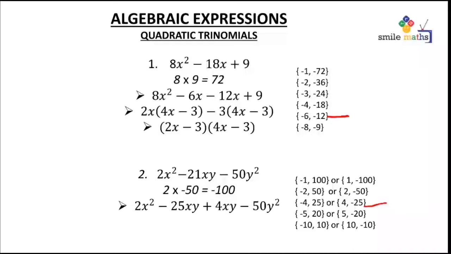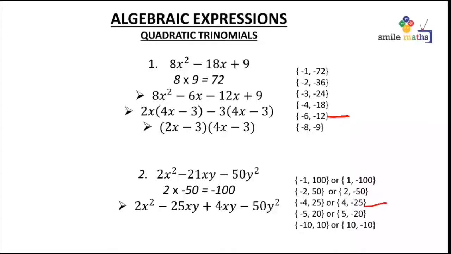So we are going to use 2x squared, then our factors negative 25xy plus 4xy, then minus 50y squared. You should always remember that the product we find, we don't use it when we are factorizing. We only use it to get our two factors. You should know that.